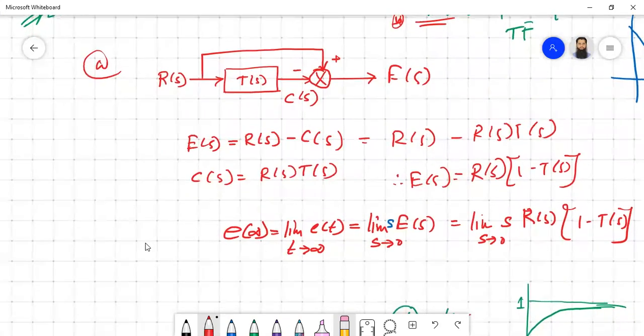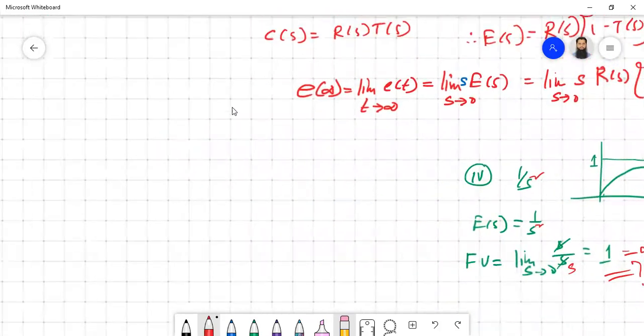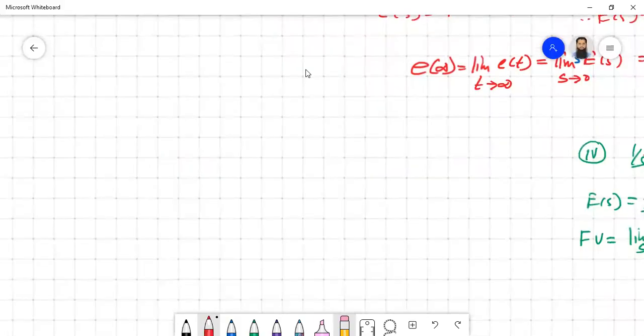The other way is in terms of G(s). So let's go for that one. Say B is, the block diagram representation is the same as before, the unity feedback system.